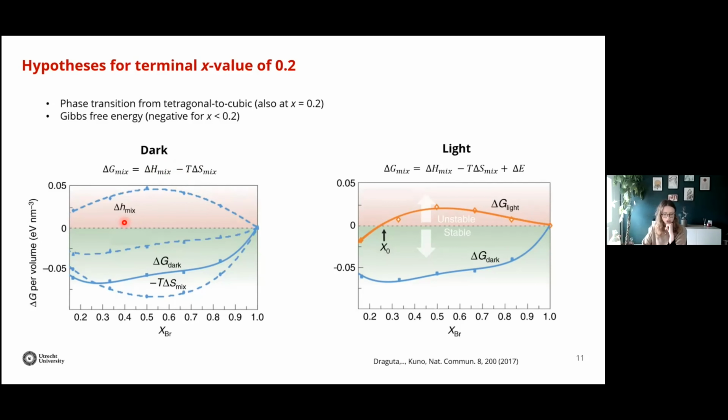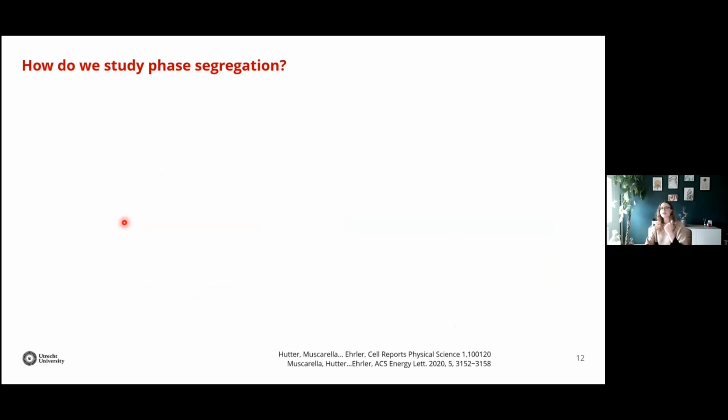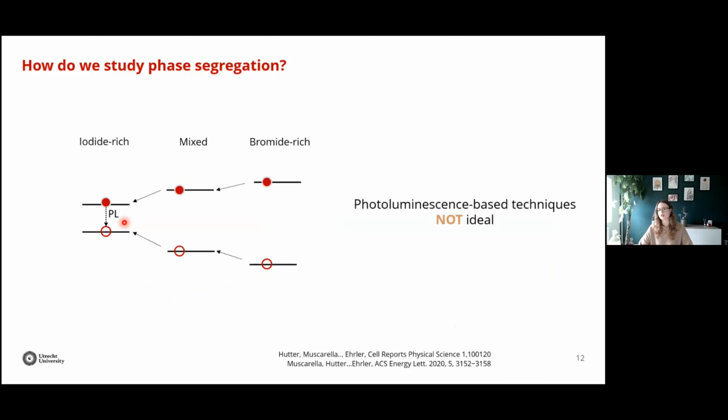So what we wanted to do was then look at how strain could affect this phase segregation. And how we did that was to not focus on photoluminescence-based techniques, because we think that in this case, photoluminescence can only give a partial picture of phase segregation.